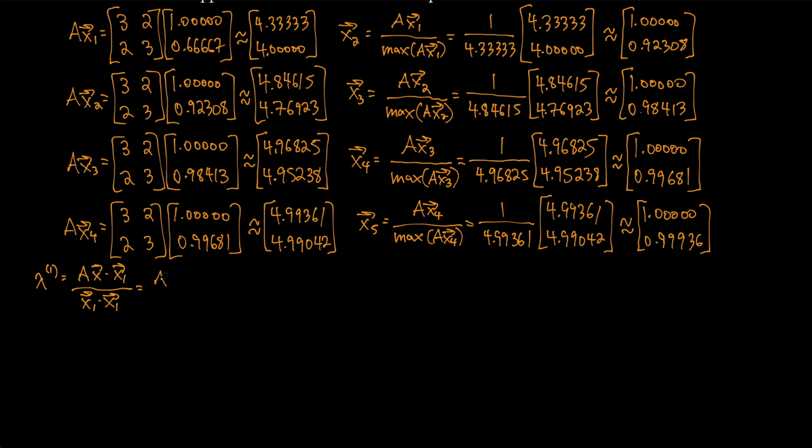So that's AX1 transpose times X1 over X1 transpose X1, which gives us about 7.0000 over 1.44444.